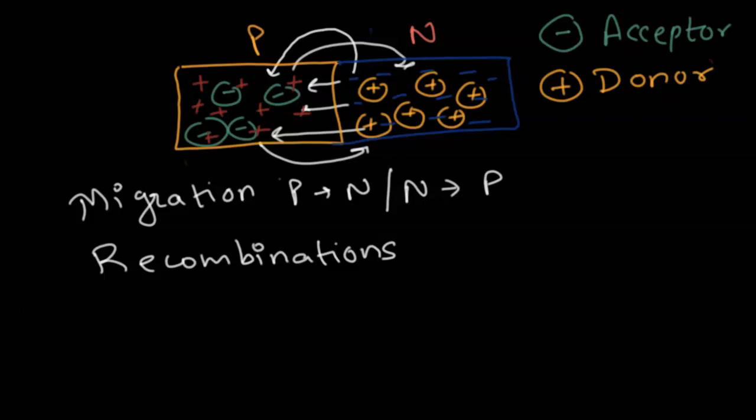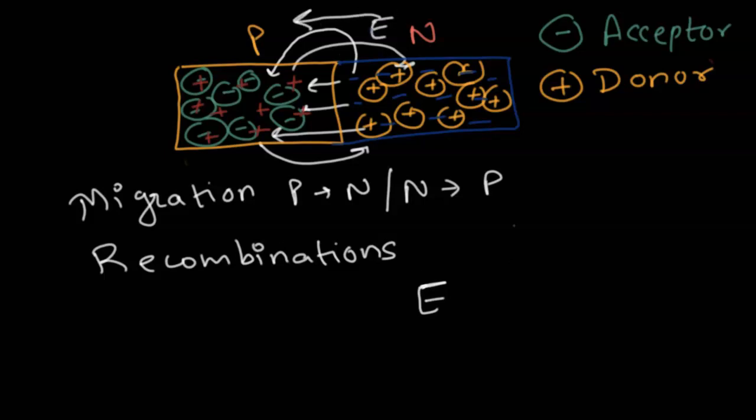The net charge becomes different. The negative acceptor ions keep on increasing on the P-type, and the positive donor ions keep on increasing on the N-type. As a result, very few holes are present in the P-type, and similarly very few electrons are left in the N-type. An electric field gets developed between the N-type and the P-type.